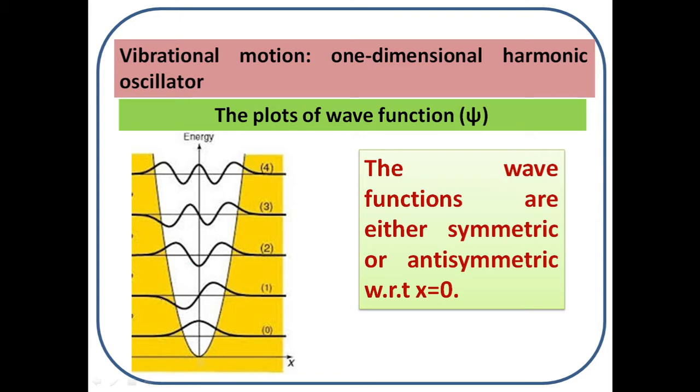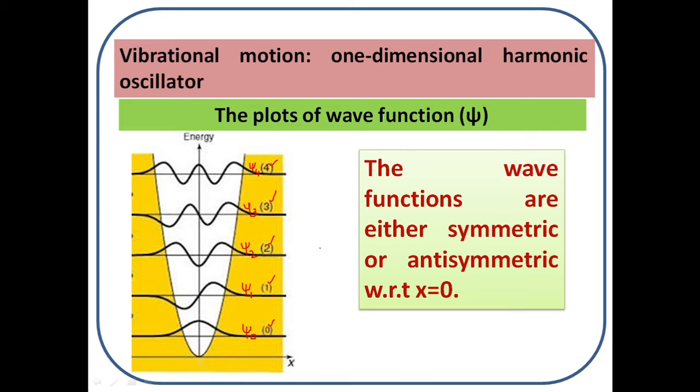In this picture, you can see the plots of the wave functions psi 0, psi 1, psi 2, psi 3, psi 4, and it will be going like this. And this will correspond to the vibrational quantum number n is equal to 0, n is equal to 1, n is equal to 2, n is equal to 3, and n is equal to 4.